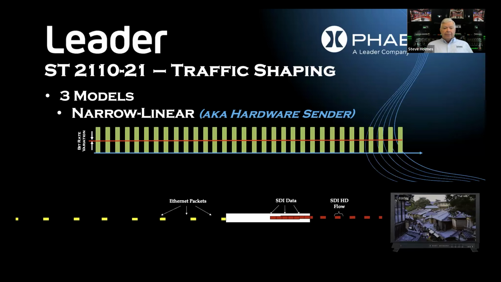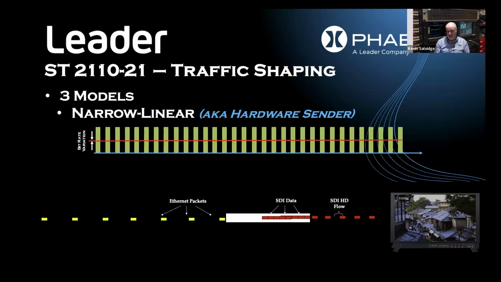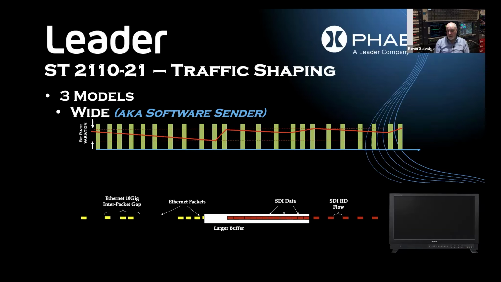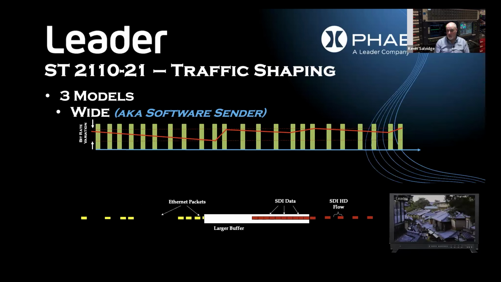But gapped narrow is probably one of the larger formats you're actually going to see. There's not a lot of narrow linear devices that I have seen actually in use. But the next one we're going to talk about is now starting to appear. And these are basically wide senders. So these are now devices that are software based.